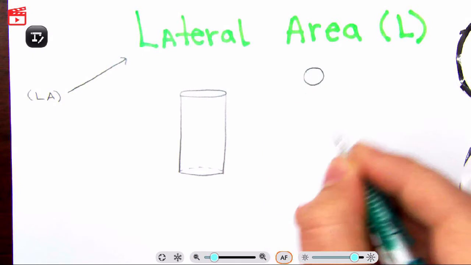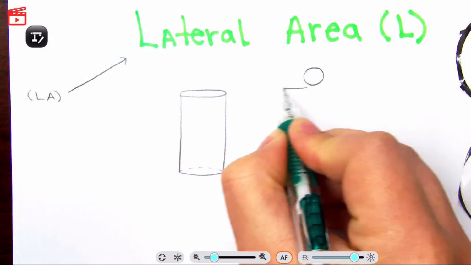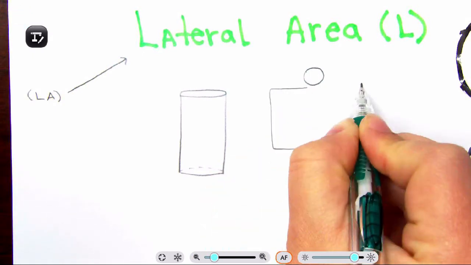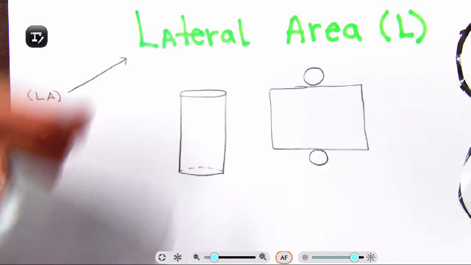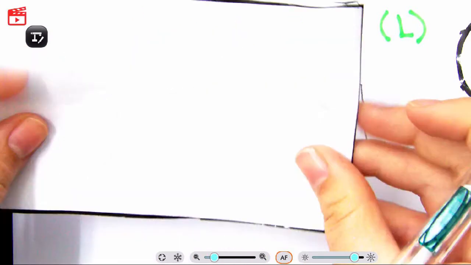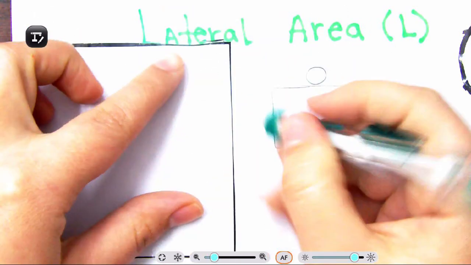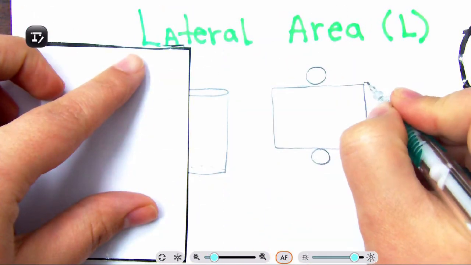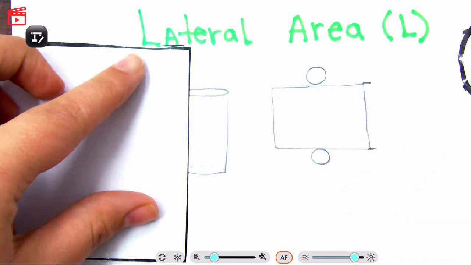So I have my base, and this is how it looked. So I have it rolled up, and I have it unrolled. So this right here, this section from top and bottom, what would that be?